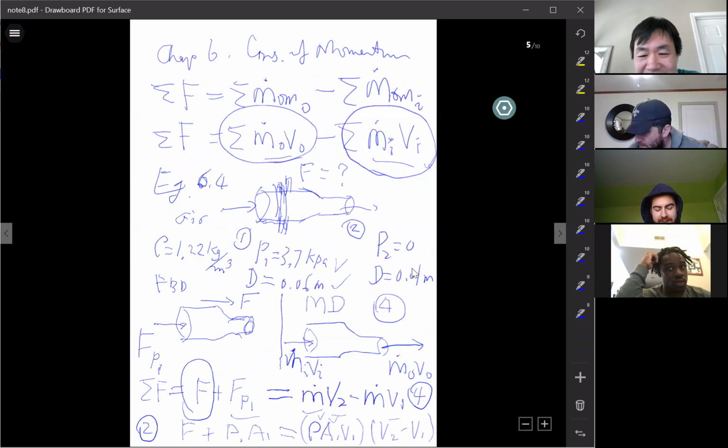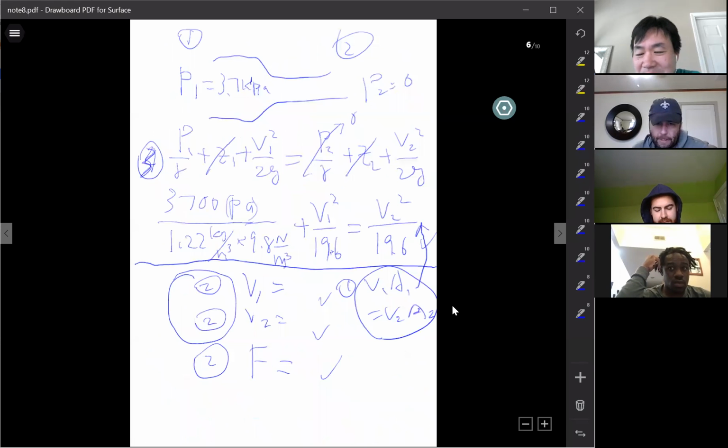Do you know A1, A2, by the way? It's given, the diameter: 0.06 meter, 0.01 meter. So you know A1, A2. Is that right, everybody? V1 A1 equals V2 A2. Can you substitute one of the equations into this?